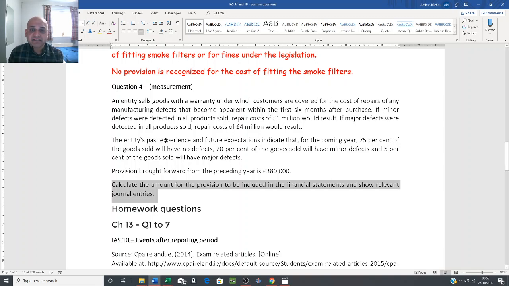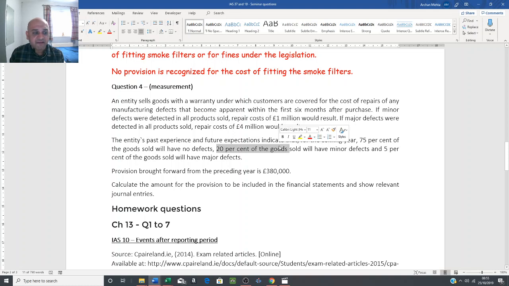The entity's past experience suggests that for the coming year, 75% of the goods sold will have no defects. 20% of the goods sold will have minor defects, and 5% of goods will have major defects.